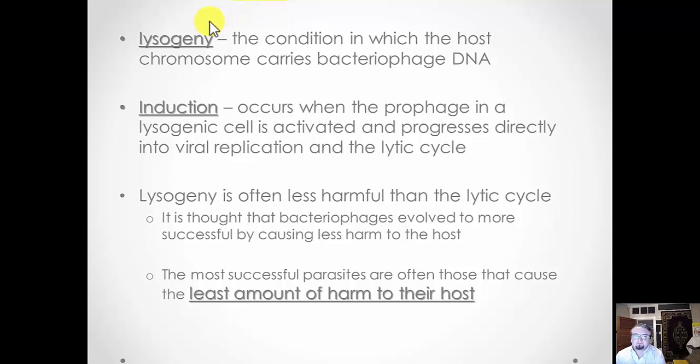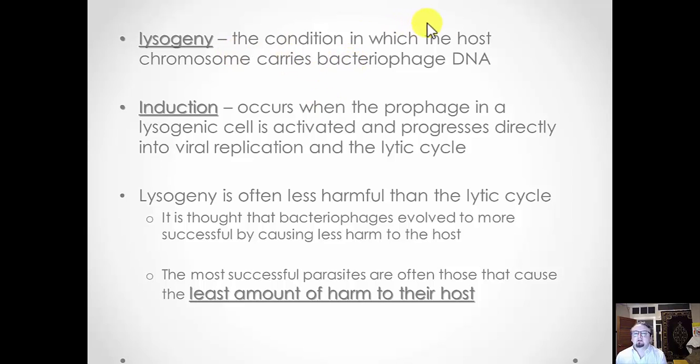A few more terms here. Lysogeny. I know these terms get confusing. This is where you just have to sit down and commit these to memory. A lot of terminology in biology is confusing, as you already know. Lysogeny is the term that applies to the condition in which the bacteria is carrying the bacteriophage DNA.